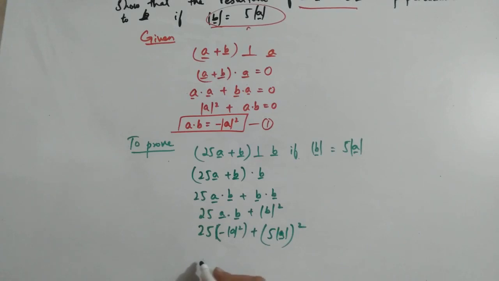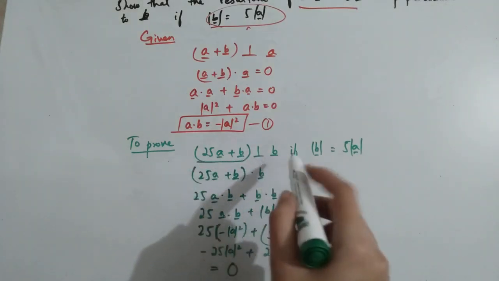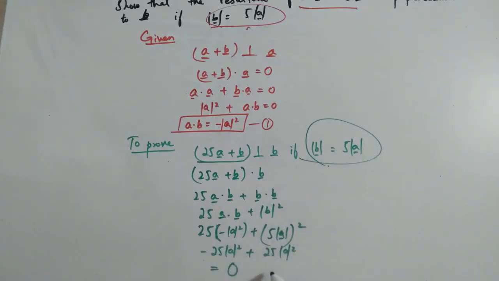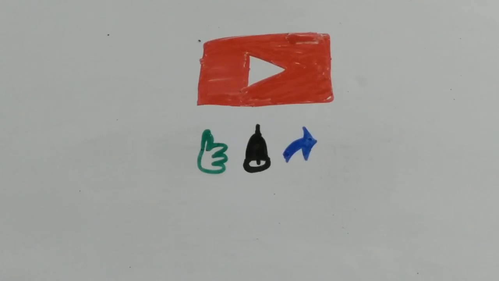Now this will be minus 25A mod square and plus 25A mod square. The answer will lead to 0. This proves that 2A plus B, that is the resultant of this, is perpendicular to B under this condition. Hence proved. So learners, this was the solution of exercise 2.1.